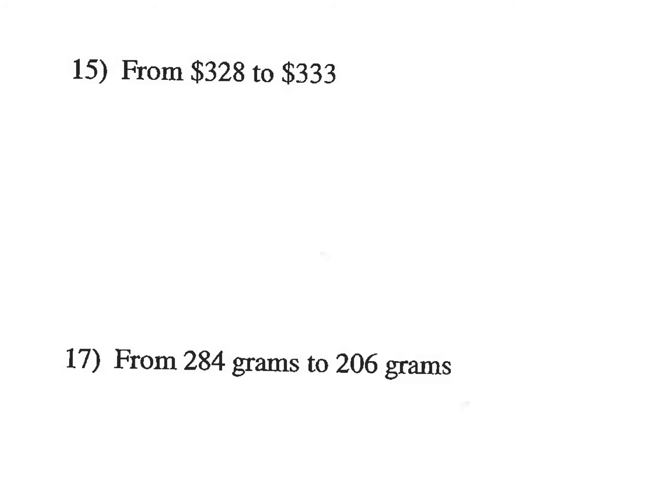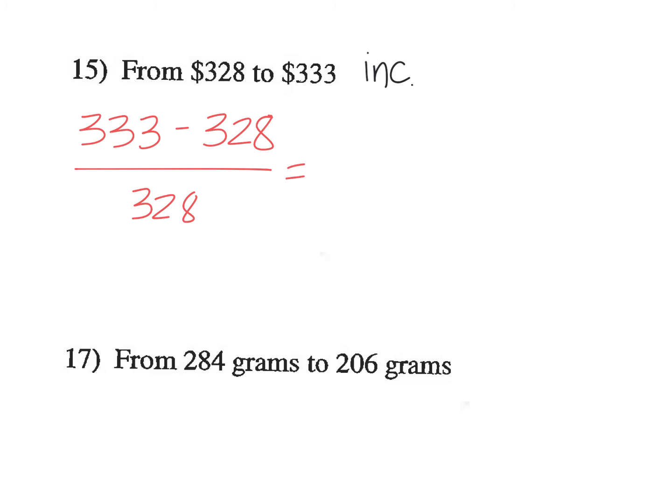So $328 to $333. So I know it's an increase, and I know it's going to be a pretty small percent increase because it is only going up by just a little bit, and it's quite a bit of an amount of money. So 333 minus 328, and then our original is 328.